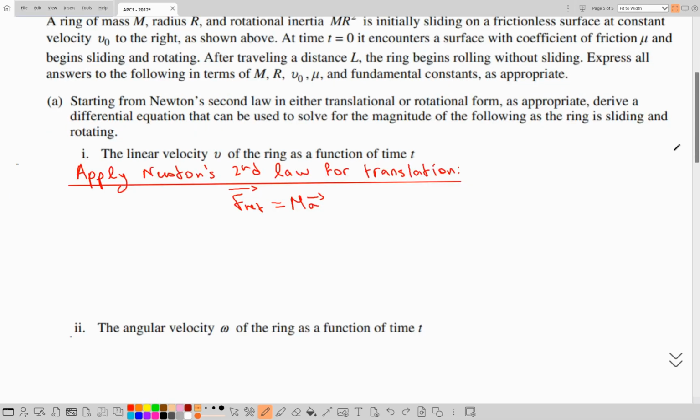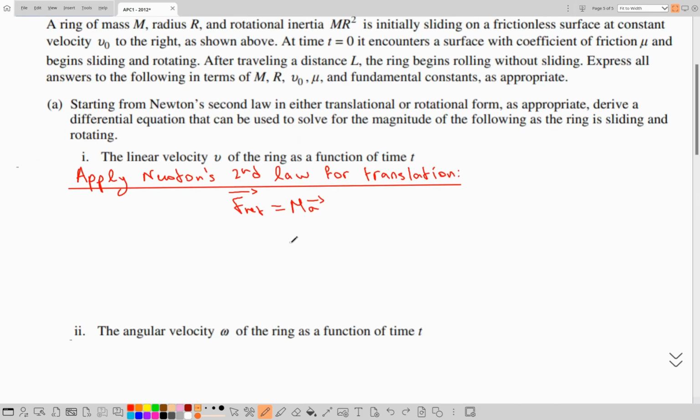Now let me proceed. What are the forces that are acting on the ring? We have the pull of gravity, the normal push, friction, equals MA. This is a vector equation that gives birth to several linear equations, basically two. So let me say projection along the horizontal.